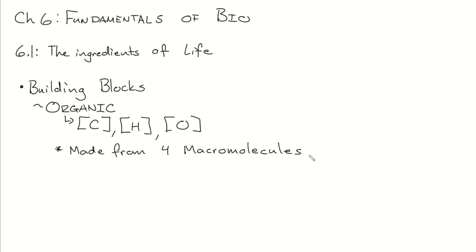For macromolecules, which you may hear me say or see elsewhere, these are going to be referred to as polymers. Four big ones. Now, we're going to go into each of them, but four macromolecules, polymers that we care about in the field of biology.